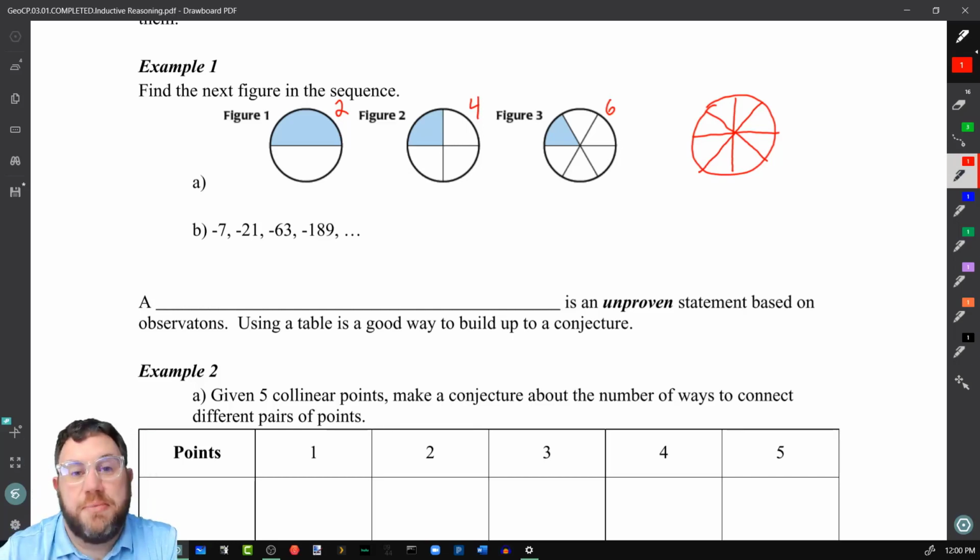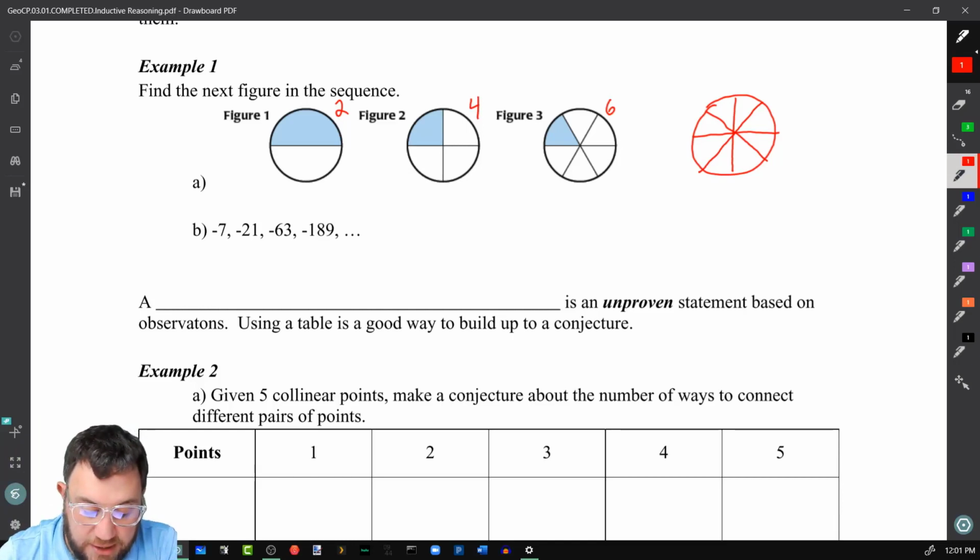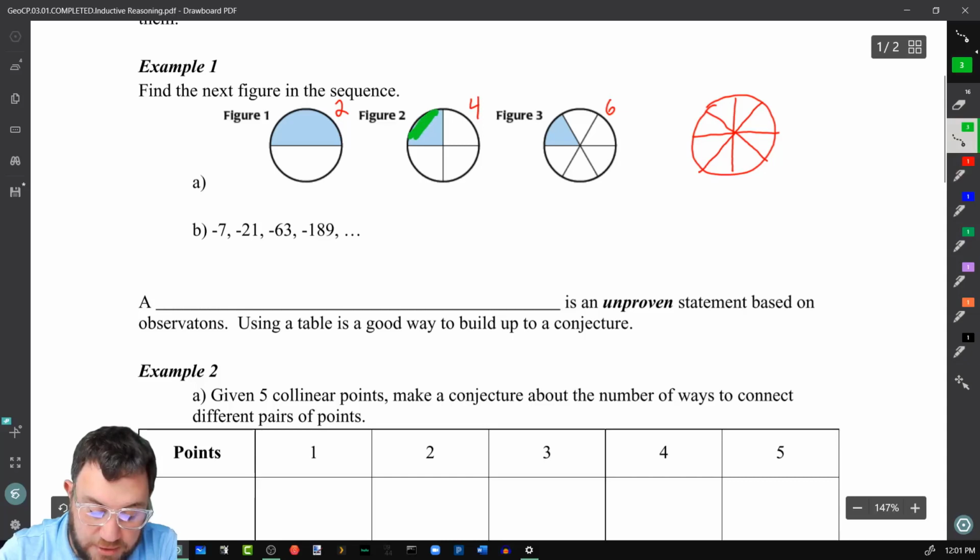So that tells us how many pieces there are based on this pattern, but which one gets shaded each time? In the first figure, it's the one on the top. In the second figure, it's the one that is on the top left.